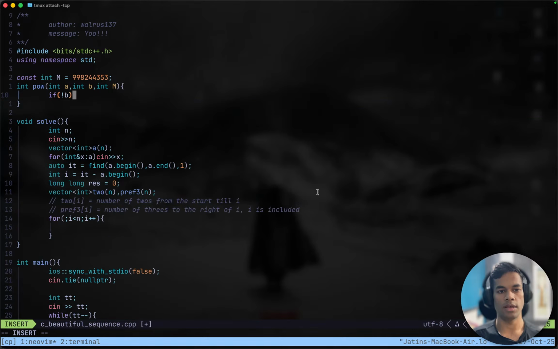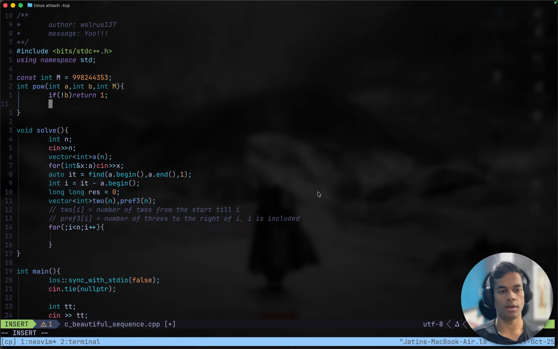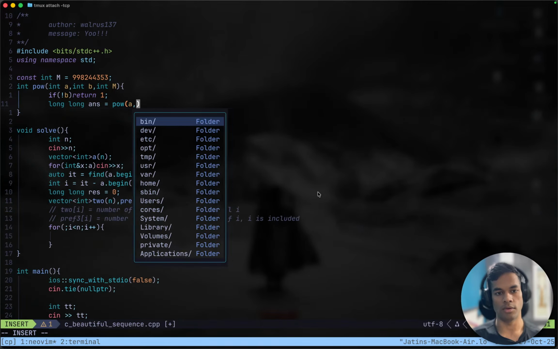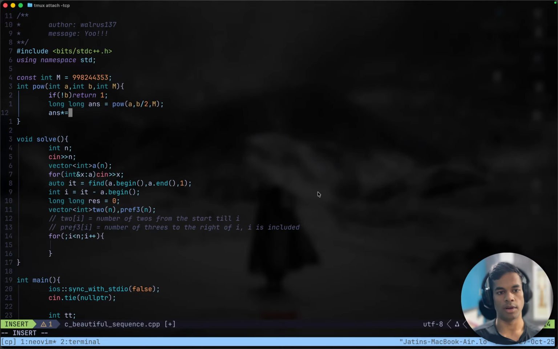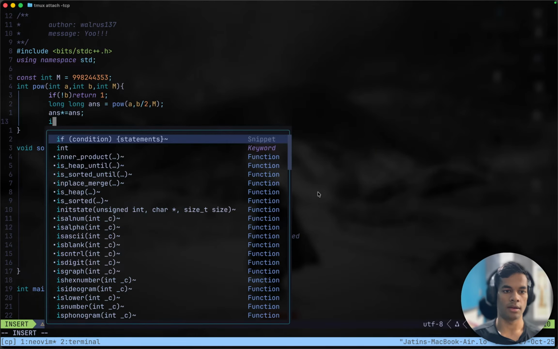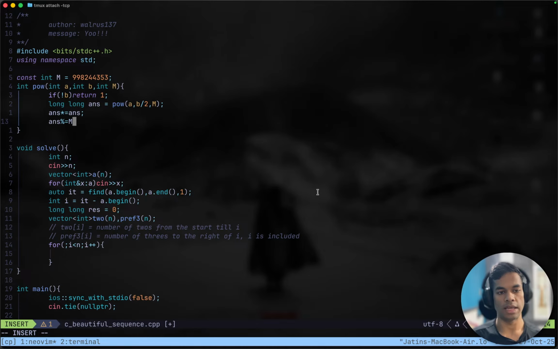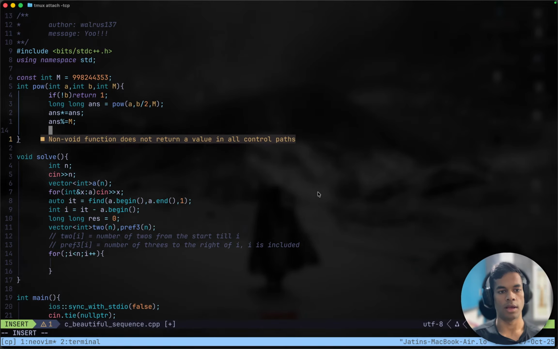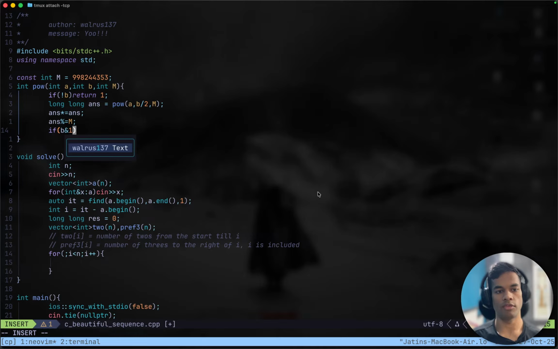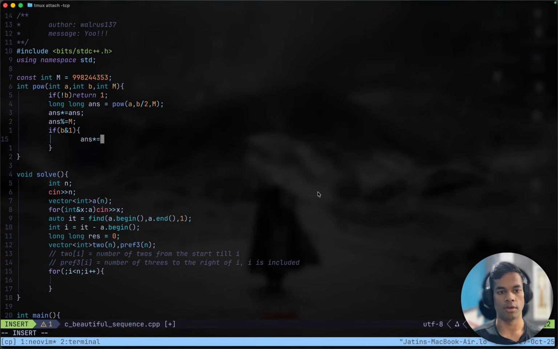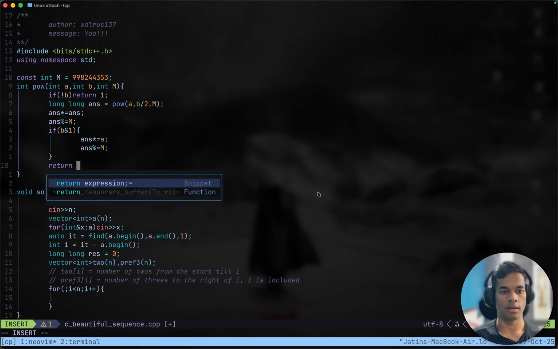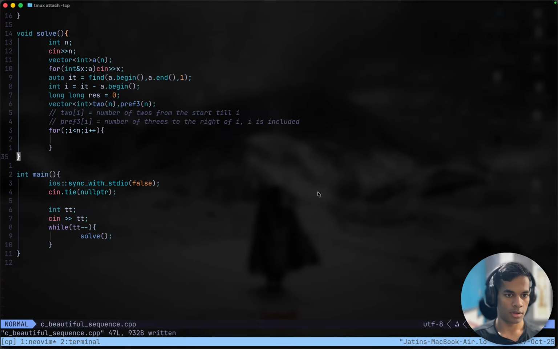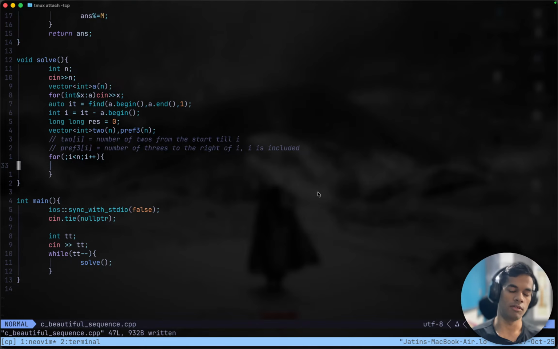If not b, return 1, else long answer is power of a, b by 2, m, and then answer multiply equals answer, and take the remainder of answer with m. And if b was an odd number, then multiply answer by a and take the modulus of answer with m, and again return answer. That makes sense.